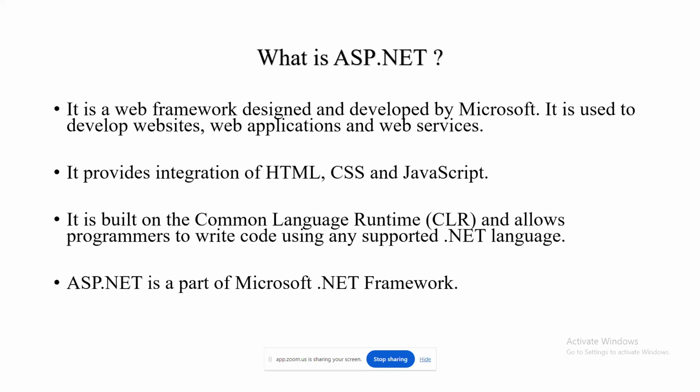Next is what is ASP.NET? Before entering into these points, I will give a short explanation about what ASP.NET is. Actually, the primary types of application that can be created in .NET technology are desktop applications and websites, or web applications.